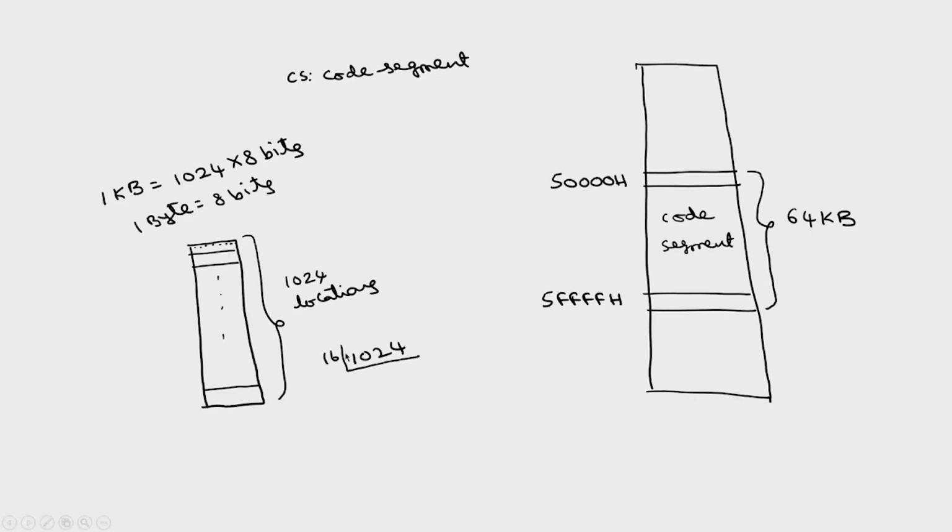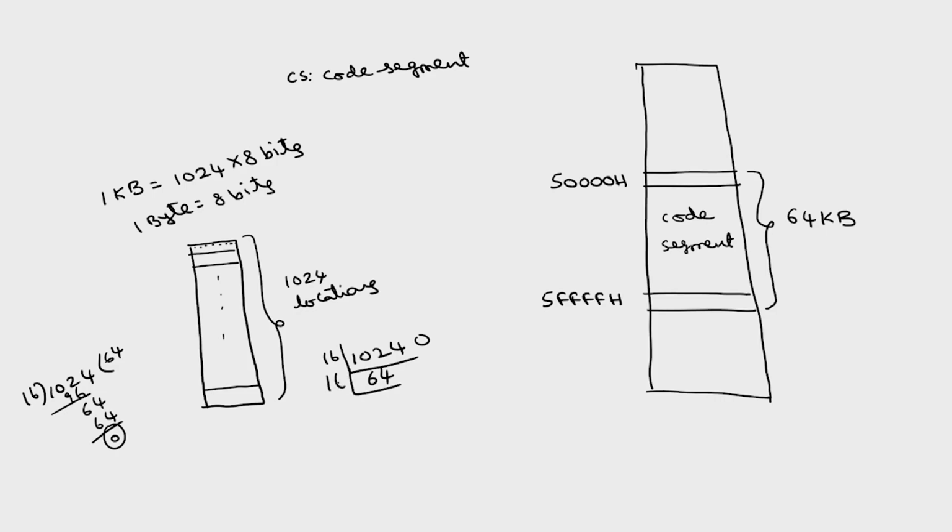So, if you want to divide 1024 by 16: 16 times 64 is 1024, remainder is 0. Then 64 divided by 16, 16 times 4 is 64, remainder is 0.